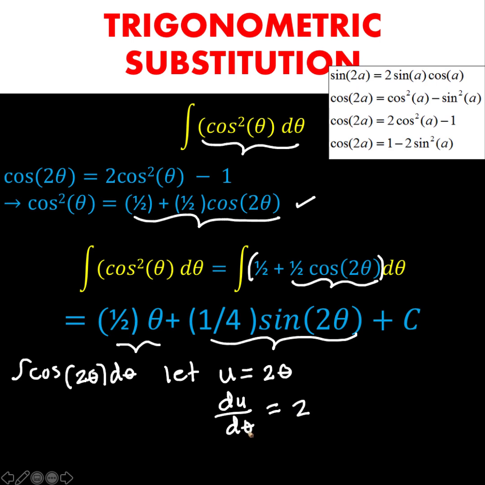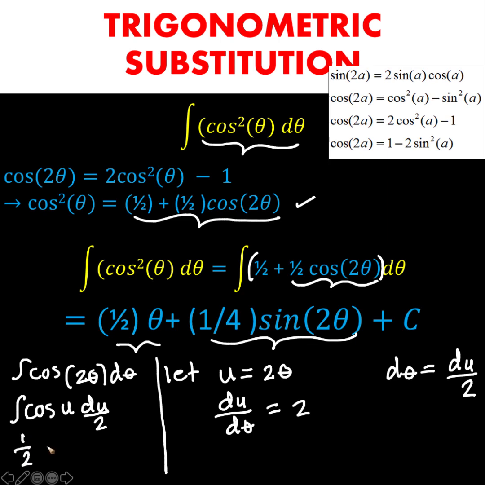And solving for d theta here, d theta is equal to du over 2. And then using these values, we now have the integral of cosine of u du over 2, because our d theta is du over 2. And then we can factor out the 1/2, so you have 1/2 times the integral of cosine of u du.